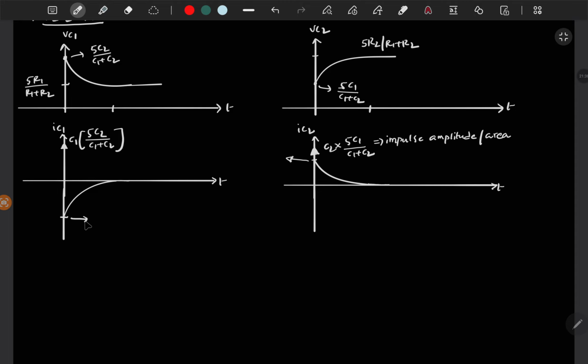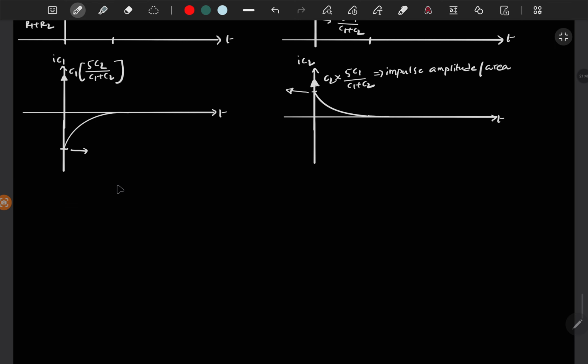And if you want to find this initial value, the general expression is final value plus initial minus final times e power minus t by tau, right? So if you want to find IC, which is C times dV by dt, if you differentiate the constant, you will get 0.